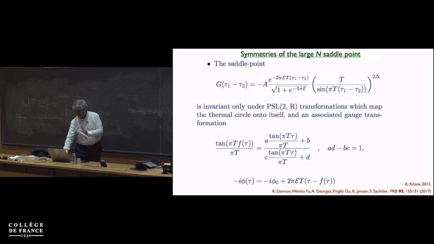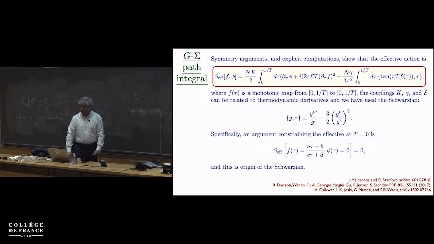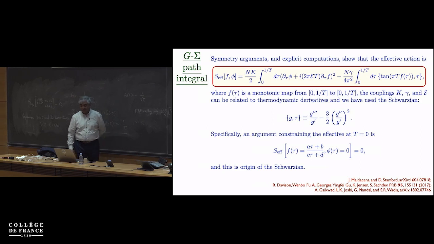Oops, this is for finite temperature, let me ignore that. So there's the answer. Is this function here? That's the Schwarzian of f of tau. And you can have a lot of fun checking that if I put f equals A tau plus B over C tau plus D, that gives you exactly 0. And this is really the only thing.